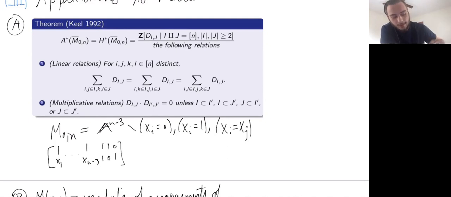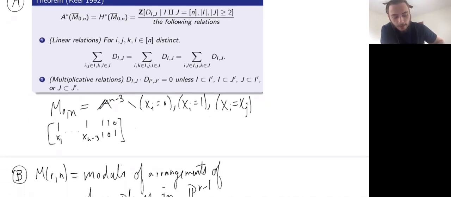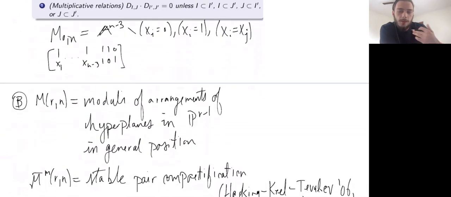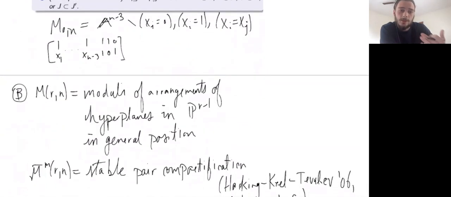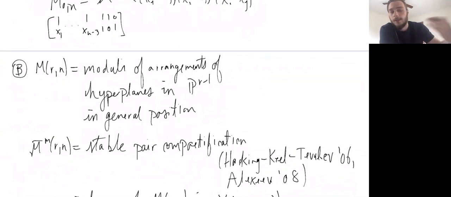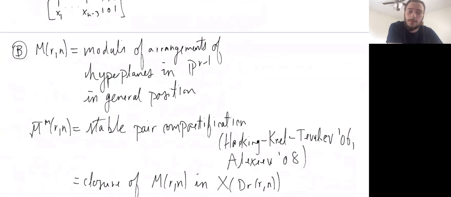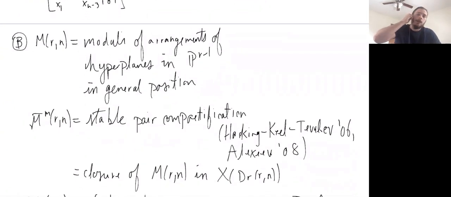So what I would like to describe now is how we can apply the same sort of techniques to describe Chow rings of moduli spaces of higher dimensional varieties. The first such moduli space that I'm concerned with is the moduli space of hyperplane arrangements in projective space.